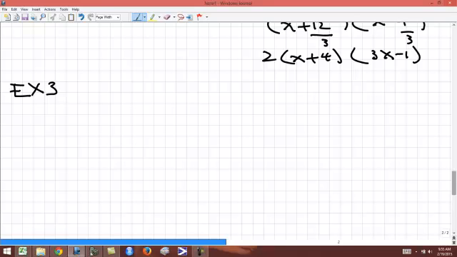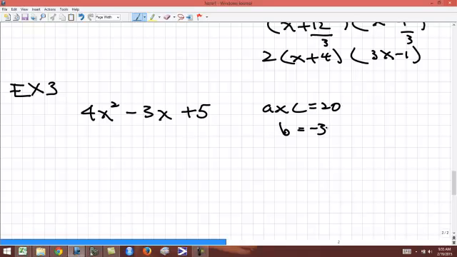Okay, so 4x squared minus 3x plus 5. Now, a times c is 20, and b equals negative 3. So we're looking for factor pairs of 20 that are going to combine to equal negative 3.